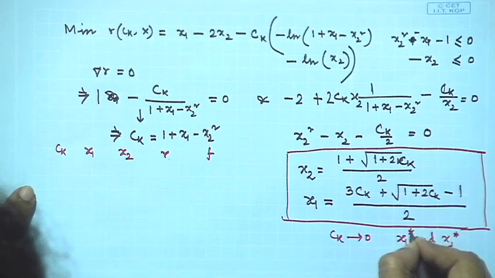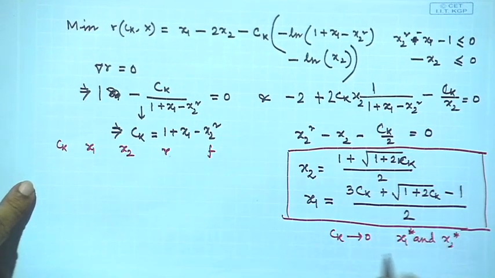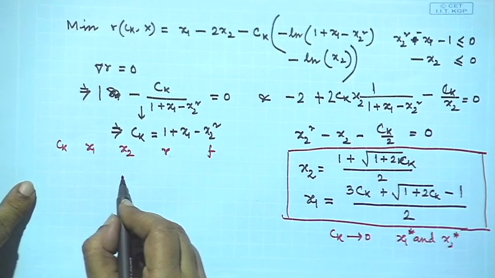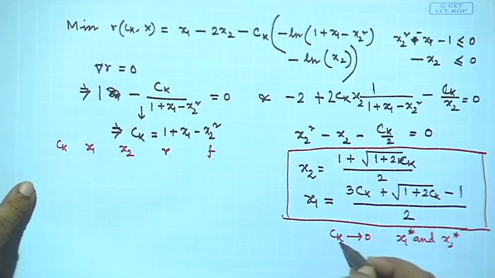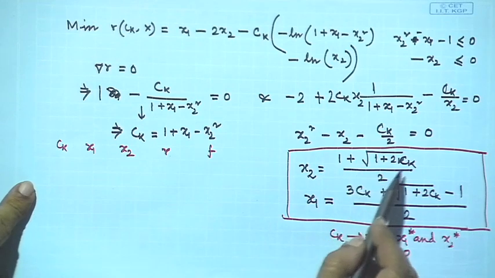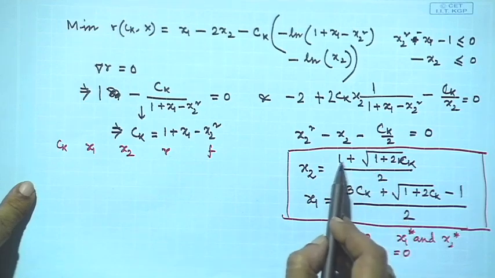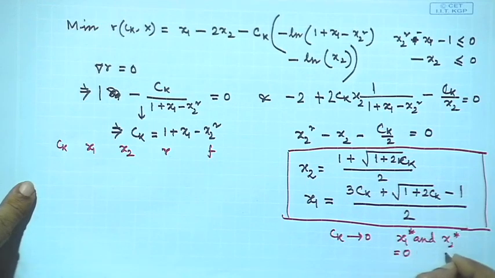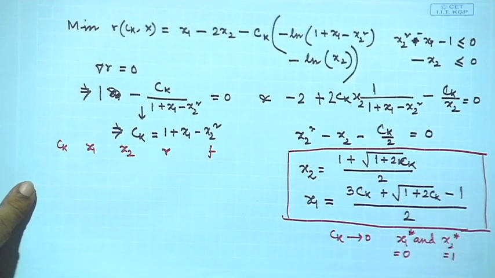This is one way. If we substitute c k tending to 0, this term will be 0, and we get 1 minus 1 divided by 2, so x1 star equals 0, and for x2 star as c k tends to 0 we get 1 plus 1 divided by 2, so x2 will be equal to 1.